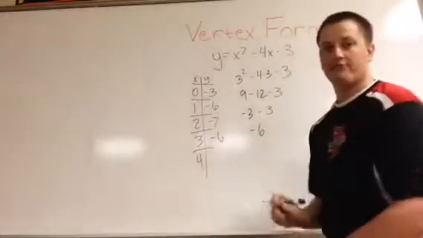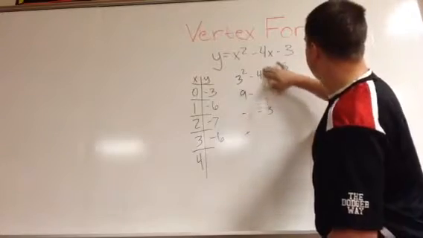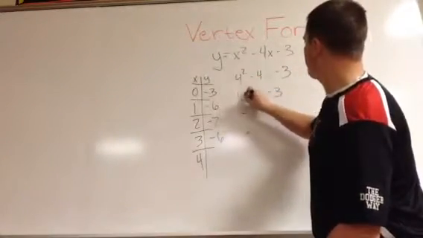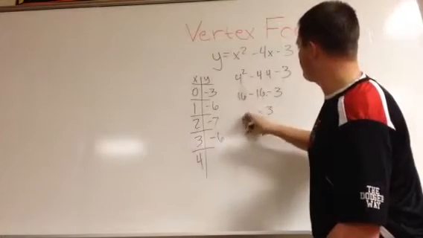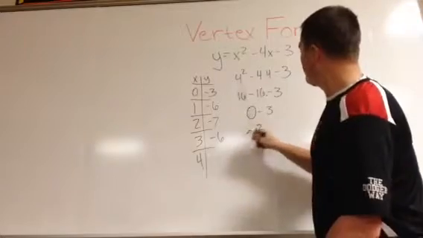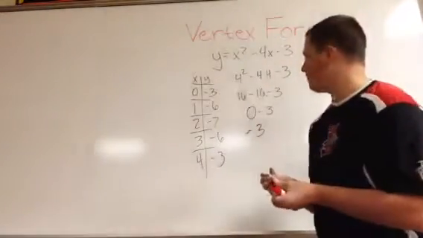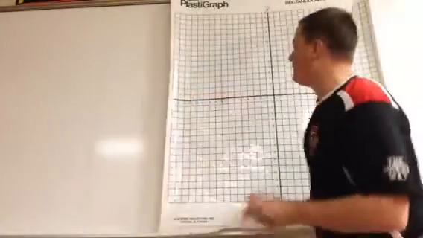Negative 6 again for 3. And negative 3 again for 4. So now we're going to graph this and look at what we have.